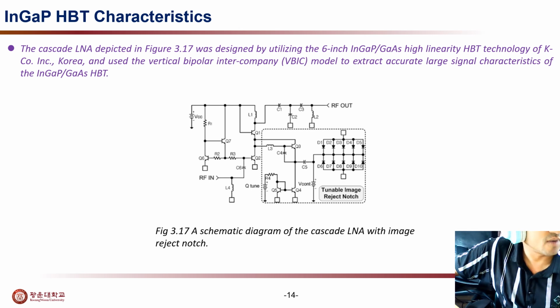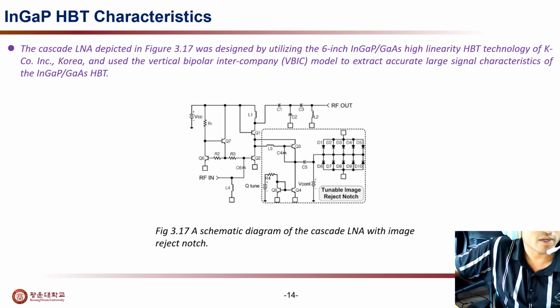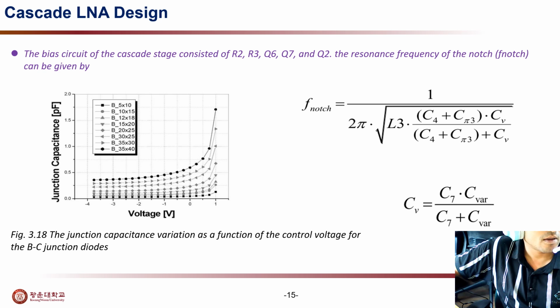Now I will discuss briefly the indium gallium phosphide heterojunction bipolar transistor and configurations. This is a schematic diagram of the cascode LNA with image reject notch, and this diagram uses the 6-inch indium gallium phosphide gallium arsenide high linearity heterojunction bipolar transistor technology. In the cascode LNA design there are some important parameters for the notch and the bias parts.